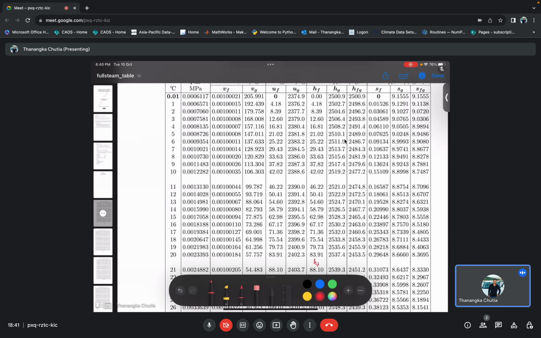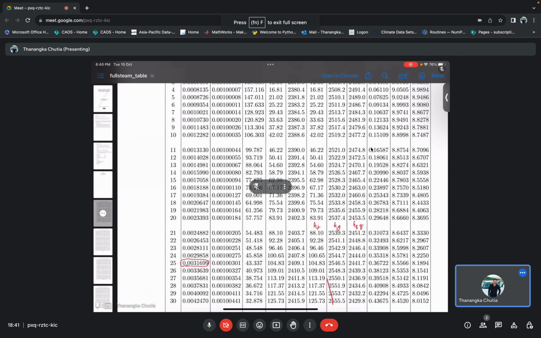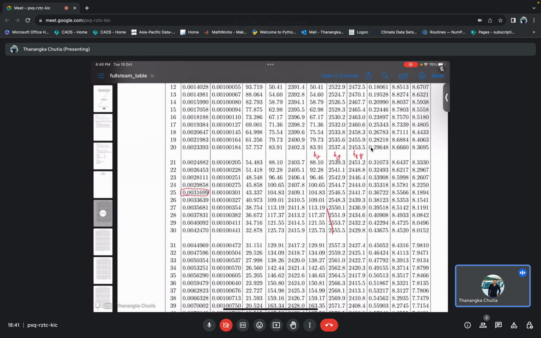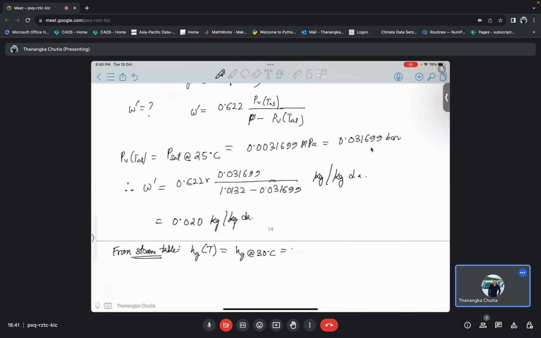These are your HF, HG, HFG. So Hg at 30 degrees Celsius is 2555.5 kilojoule per kg.